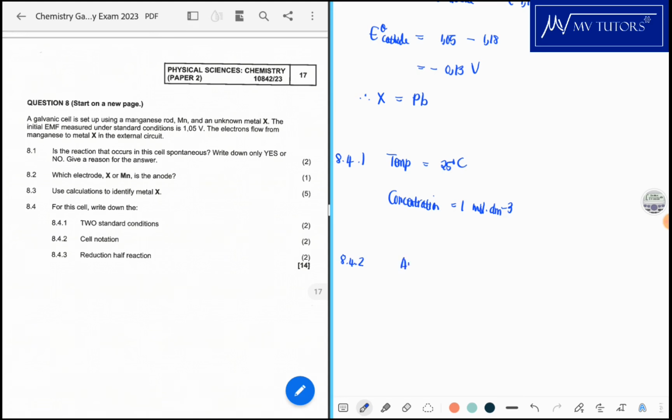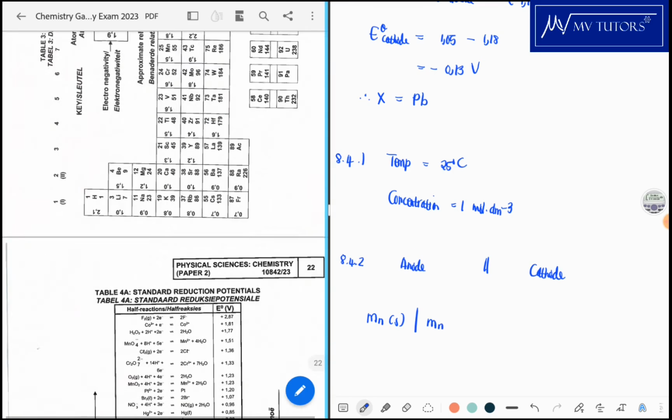Remember, we start with the anode, okay, everything to do with the anode. Then we have our salt bridge, and then we have everything to do with the cathode. So in our anode, we know that we have manganese, which is a solid, all right, and then we have our electrolyte, so we're going to have the aqueous, okay.